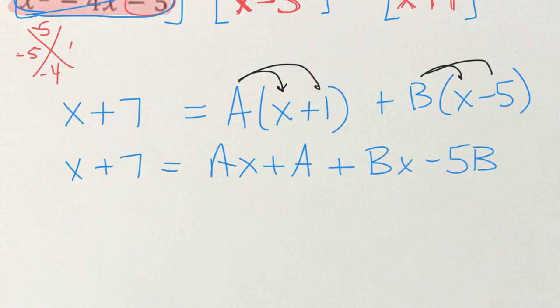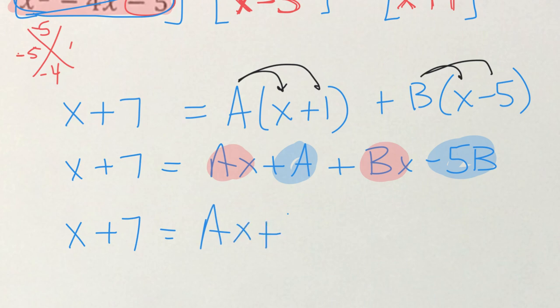Right, very casual stuff. Now we're going to get your x terms together, and we're going to get our non-x terms together. So we're combining, I don't know if we're combining like terms, but we're definitely pulling them closer to each other. Okay, we are grouping them. So there's our ax plus bx, right?